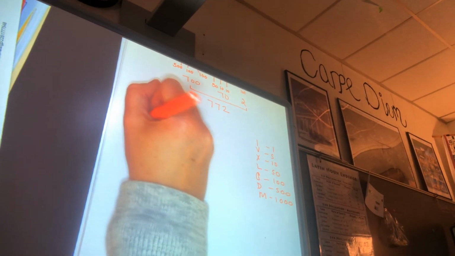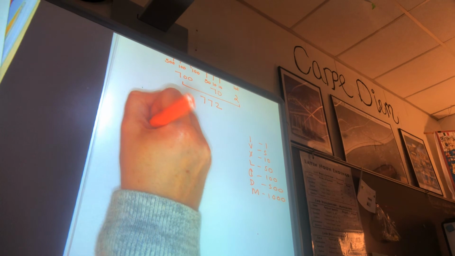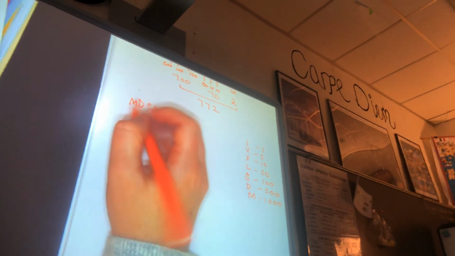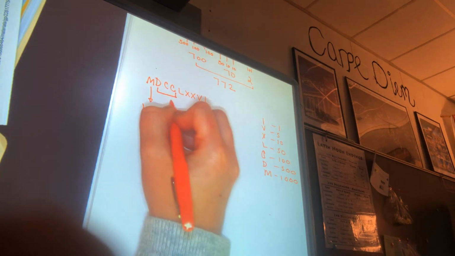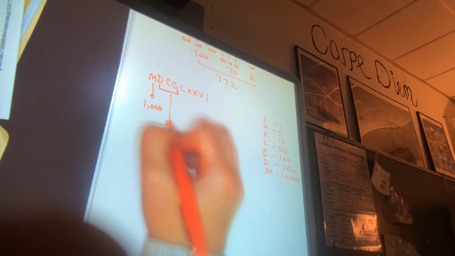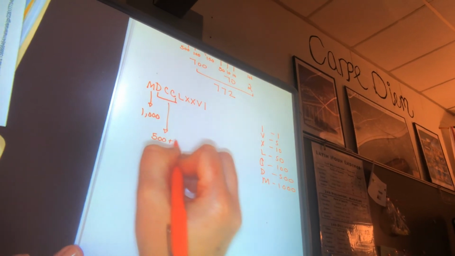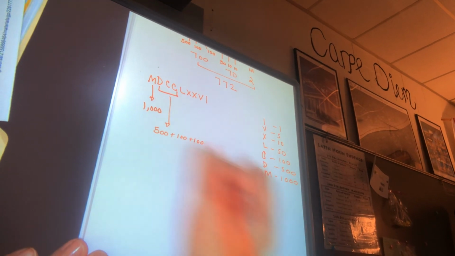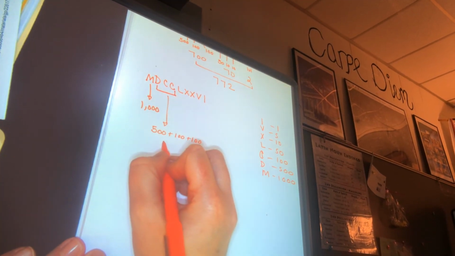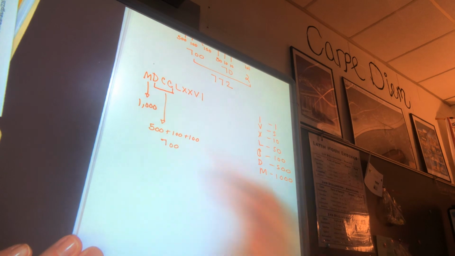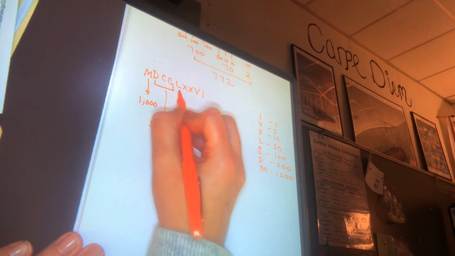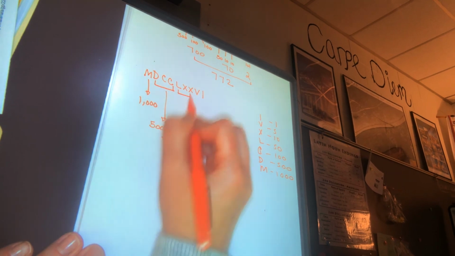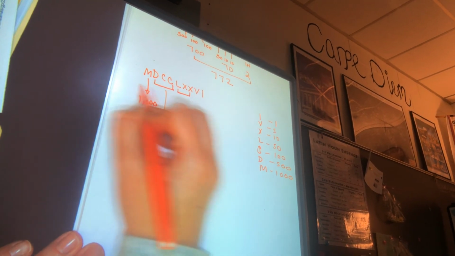So then just start breaking it down by place value. So we know M is 1,000. Next place value, the hundreds. That's the D and the C's. So we have 500 plus 100 plus 100 is 700. Okay, now break down the tens. LXX. So L is 50.